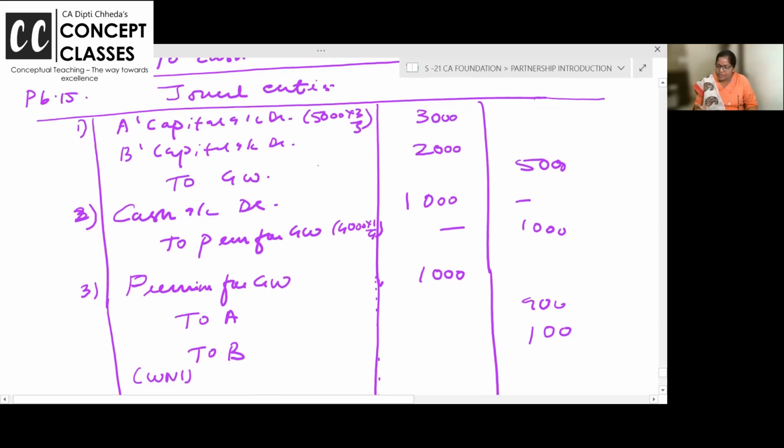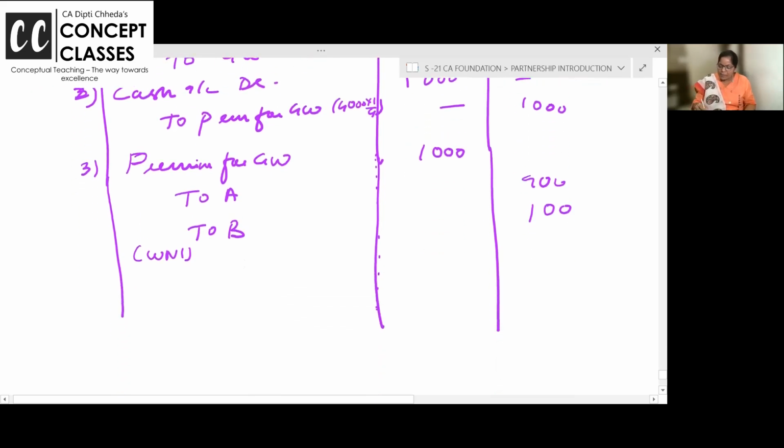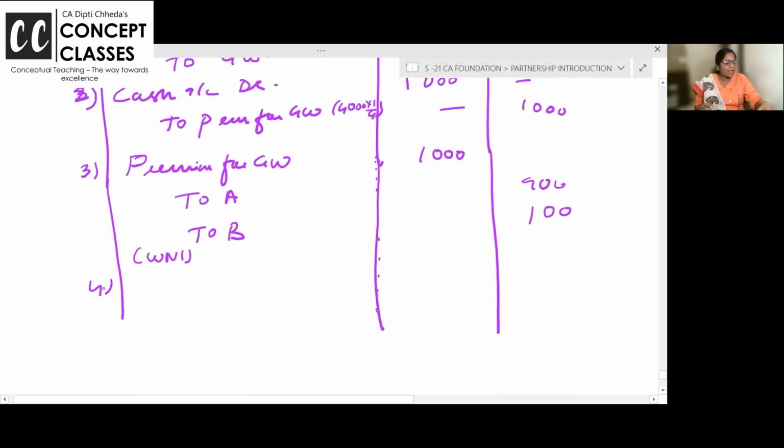So what is the first entry we have passed? Old goodwill was there, write off in old ratio. Cash brought in form of the premium for goodwill. Premium for goodwill given. And last point now they have said, partners have withdrawn half of the goodwill.